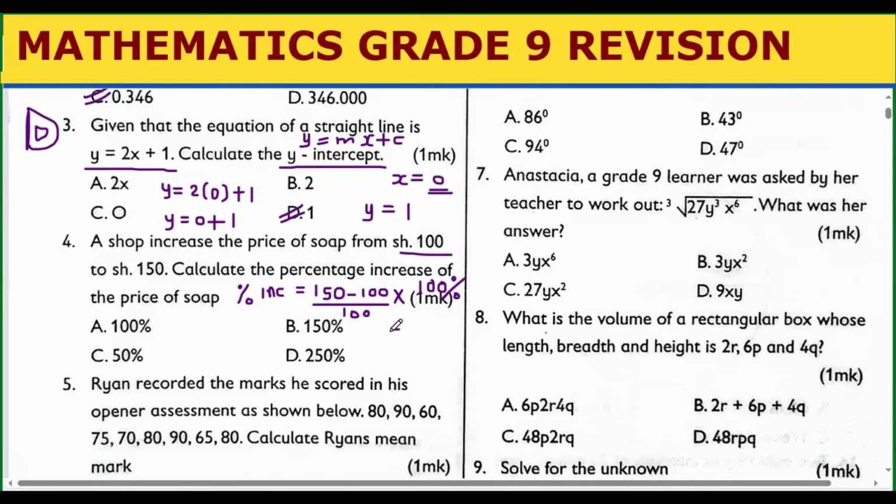It is 50. So 50 over 100. Then you multiply with 100%. So simplify, as simple as that. These two zeros disappear with this. So it becomes 50%. Did you see it? Yeah, it is 50%.